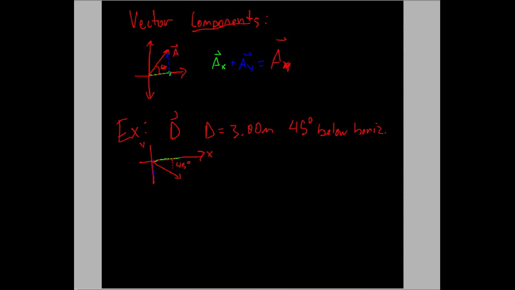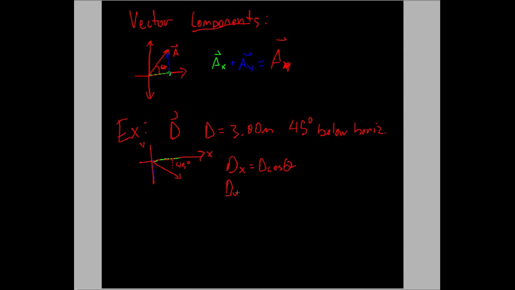Well, what we're going to use is trigonometric relationships. So, using what we know about right triangles, dx equals d cosine of angle theta.